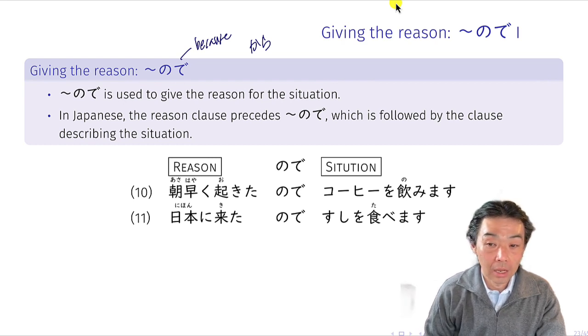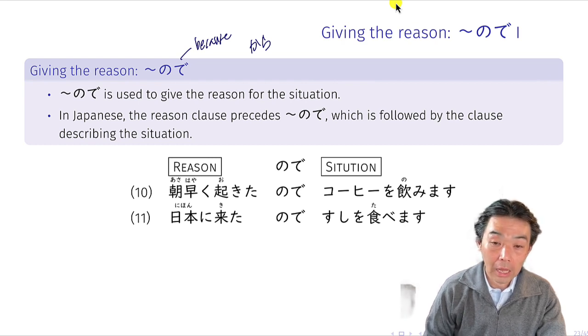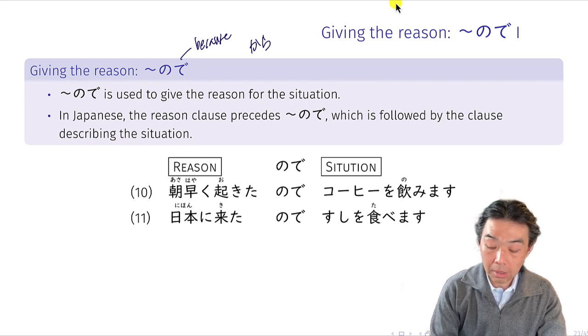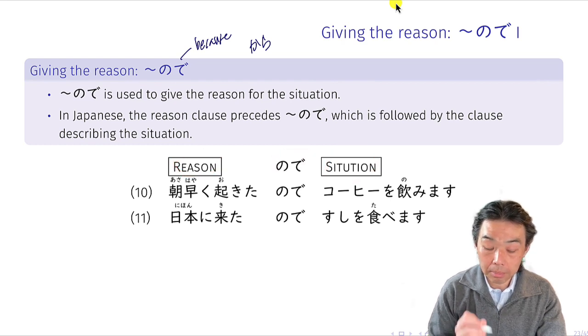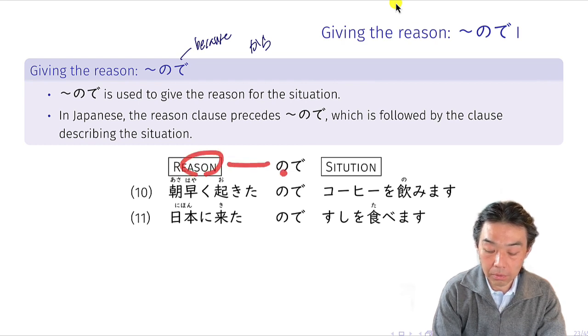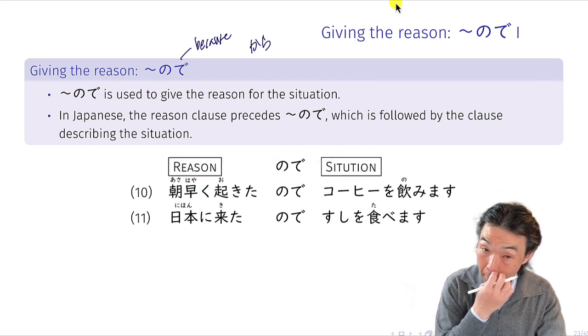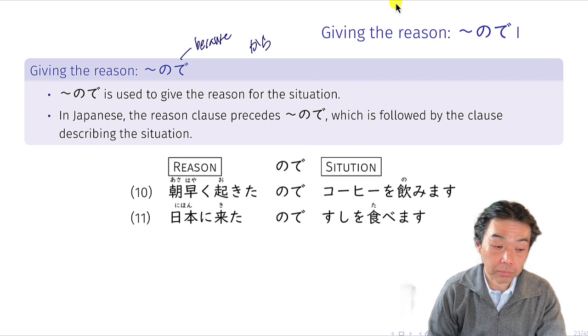So let's say I drink coffee because I wake up early, or I eat sushi because I came to Japan, right? So usually we talk about the situation first, followed by because and reason, but in Japanese, the order is backwards. Reason comes first, node, and situation. So that's the one major difference between English because and Japanese kara and node.